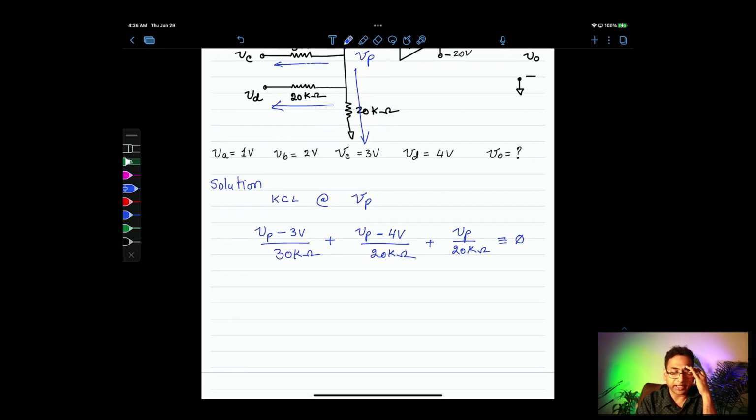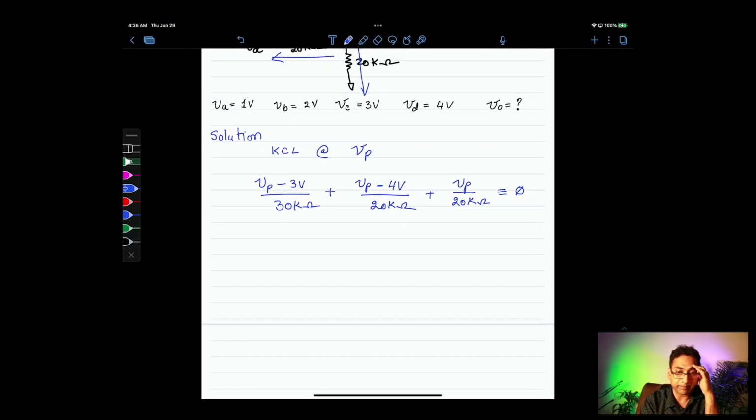Very good. Now let's multiply the whole thing by 60 kilo ohms on both sides of the equation.